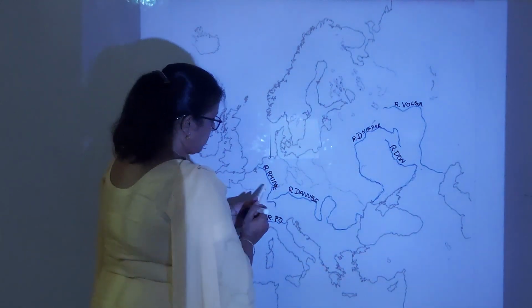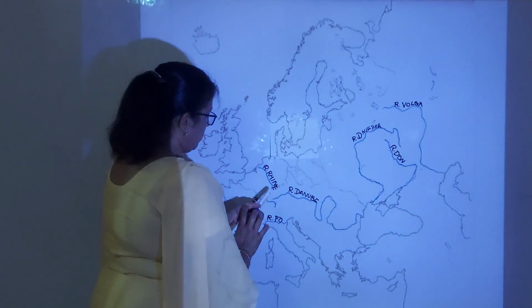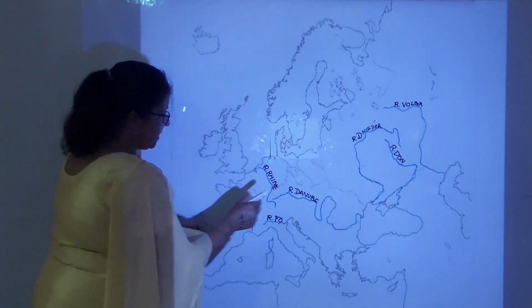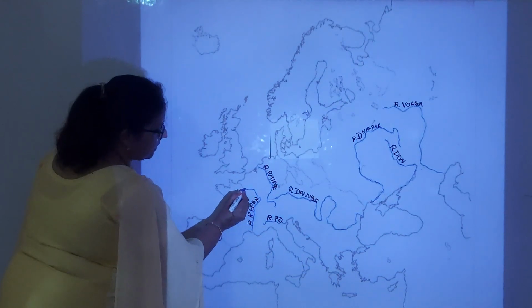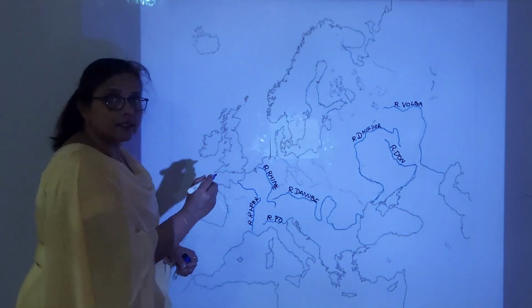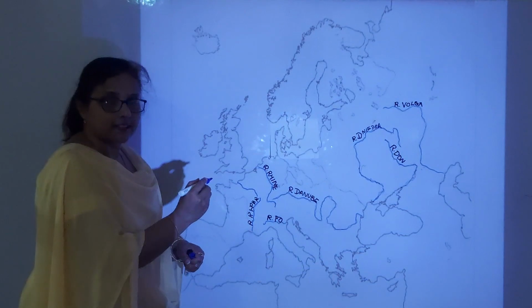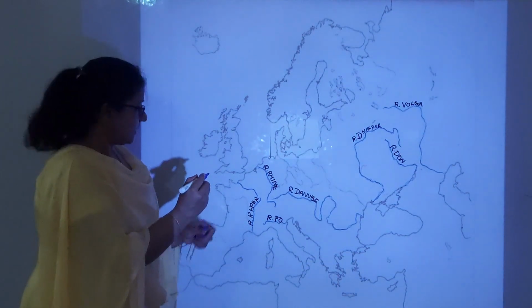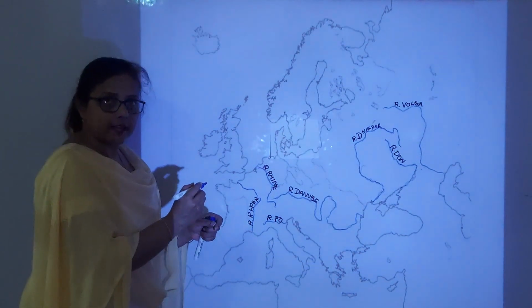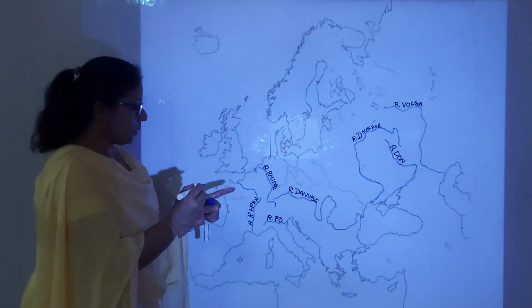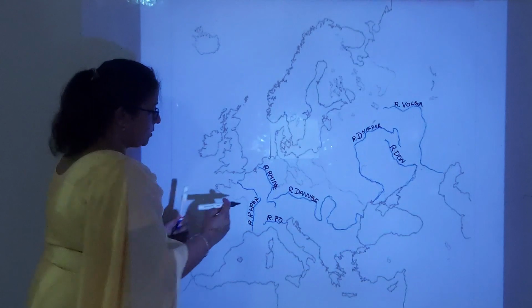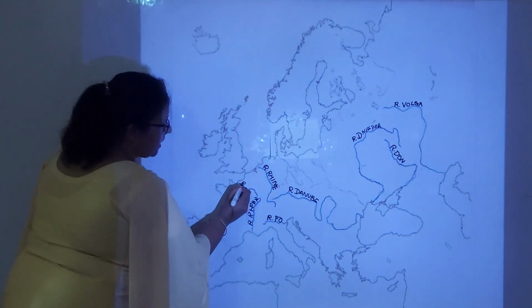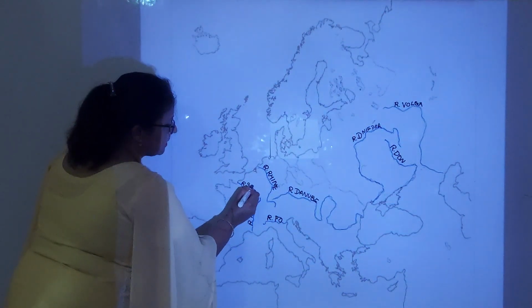Then another important river over here is the river Seine. A very important city, that is the capital of France, that is Paris, is situated along this river Seine. So you will mark the river and write river Seine.